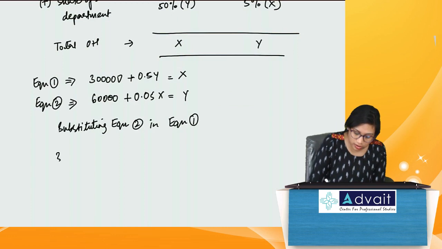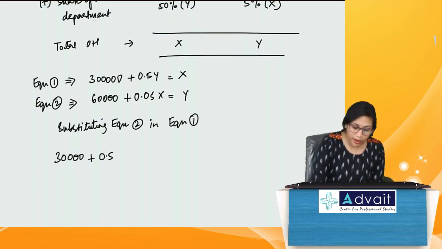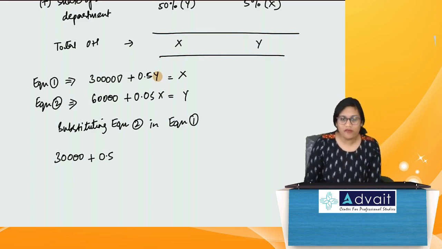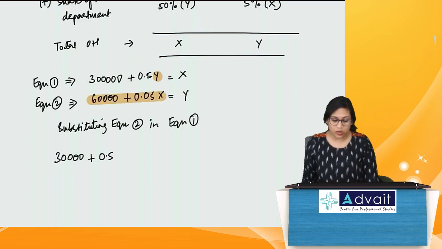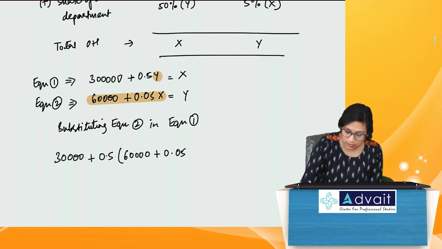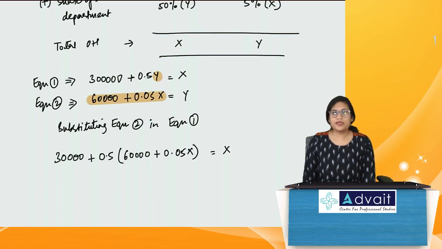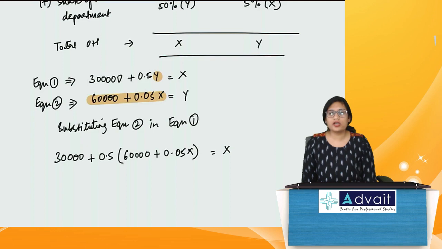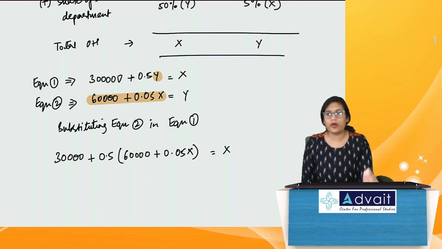Okay, so 3 lakhs plus 0.5 y, and what is the value of y? y is equal to 60,000 plus 0.05x. So instead of writing y, I'll say 60,000 plus 0.05x equals x. Guys, is it okay? I have substituted the value of y in equation 1.